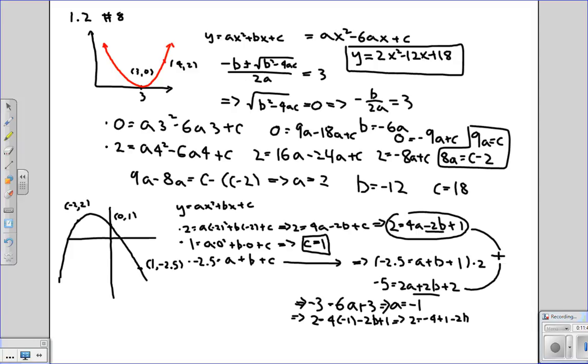And we can solve for this. 2 plus 4 minus 1 is equal to negative 2b. And so b is equal to negative 2.5.